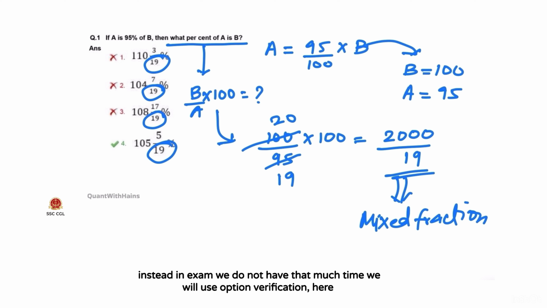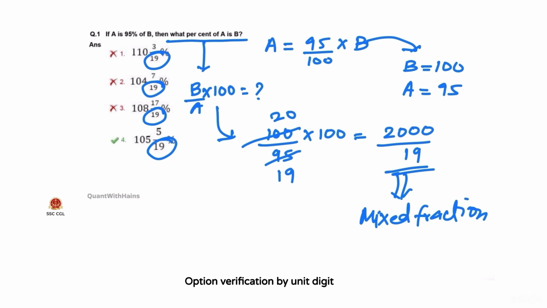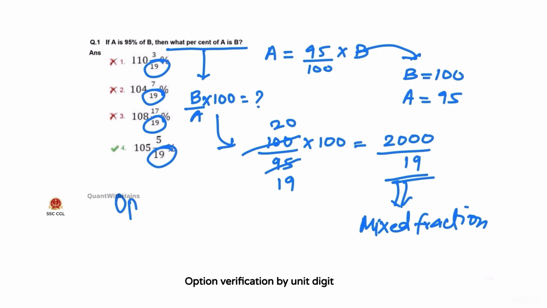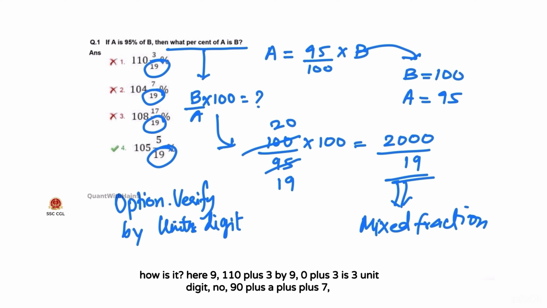We'll use option verification by unit digit. How is it done? Here 19 times 9, the unit digit: 0 plus 3 is 3.